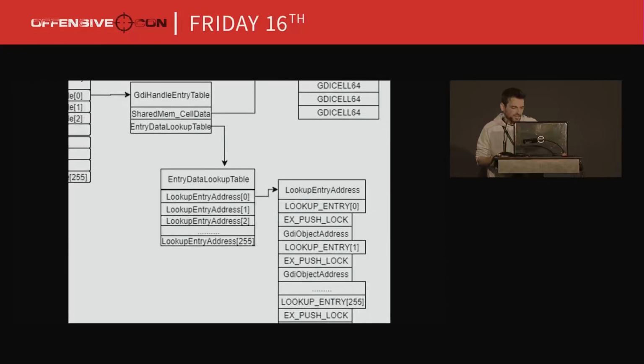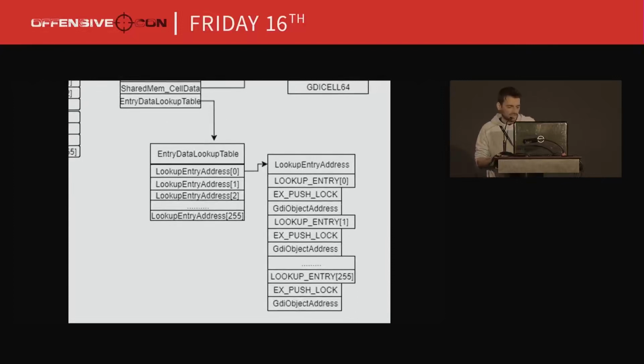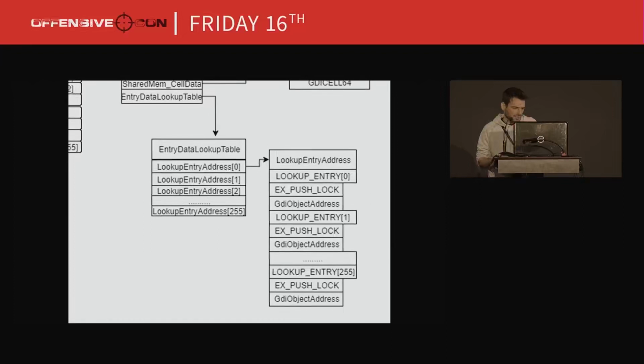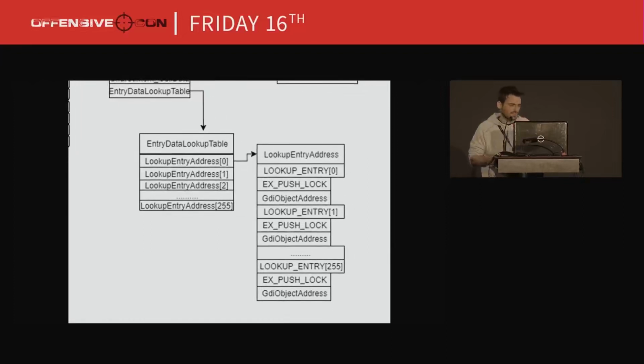And the entry data lookup table contains 256 pointers of lookup entry address. And each lookup entry address contains 256 lookup entries, which have the push lock and the GDI object address. So please try to keep in mind the relation, especially between those two. You can also think of them as a double array.